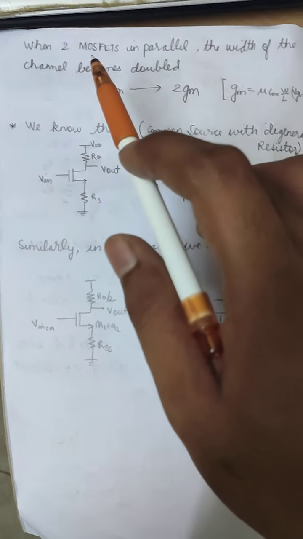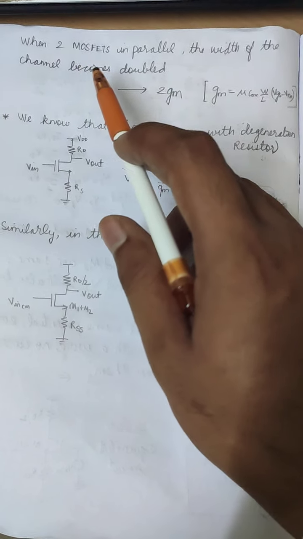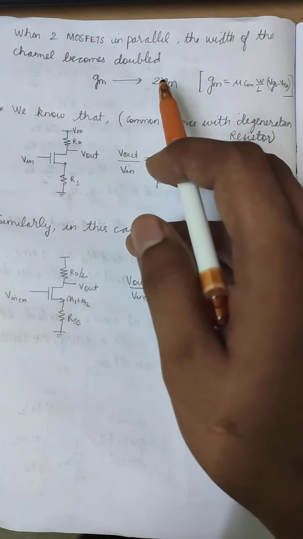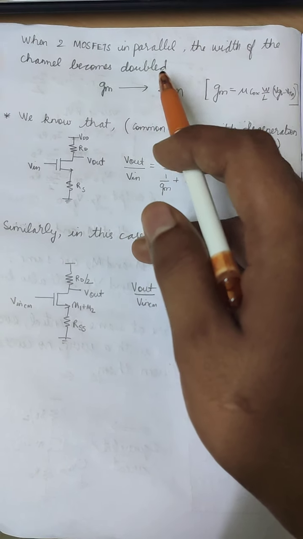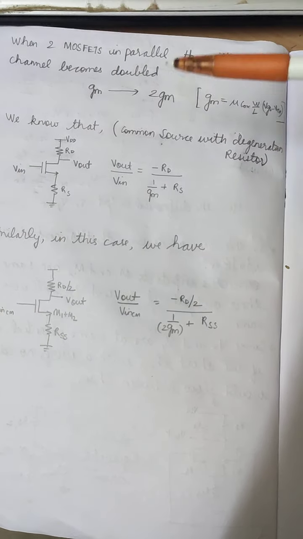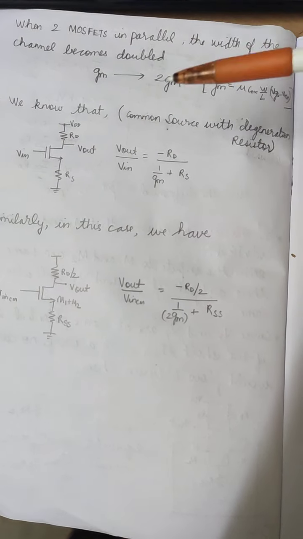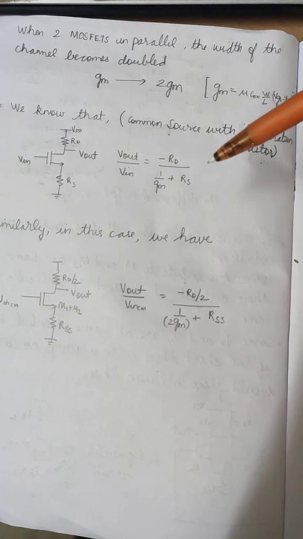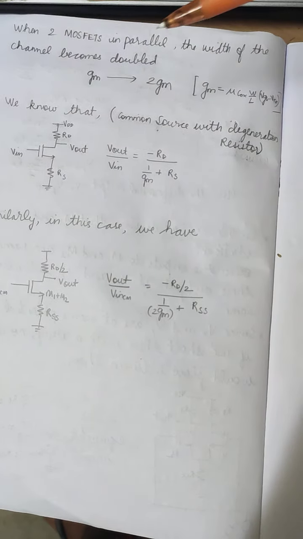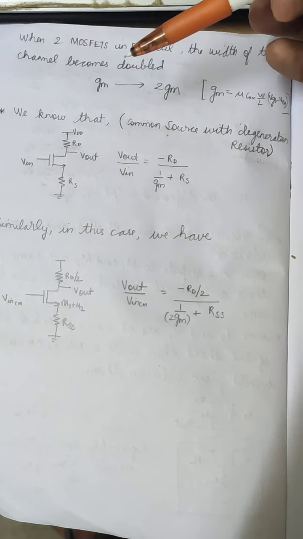Consider one point: whenever two MOSFETs are in parallel combination, the width of the channel becomes double, right? Similarly, when MOSFETs are in series, their length becomes double. That is not the case here; in this case the two MOSFETs are in parallel, so the width of the channel becomes double.